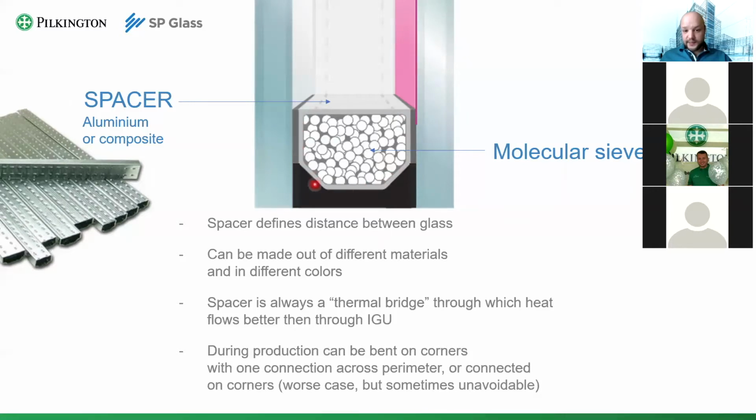Now, composite spacers are made out of plastic and metal. Plastic to reduce your heat transfer, and metal to make butyl stick to it, so your IG unit will be airtight.